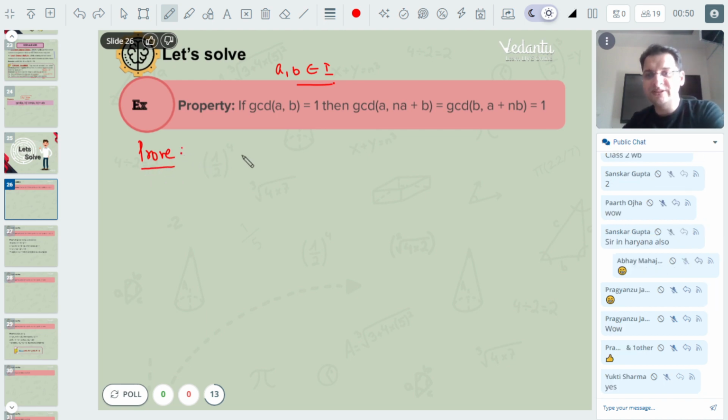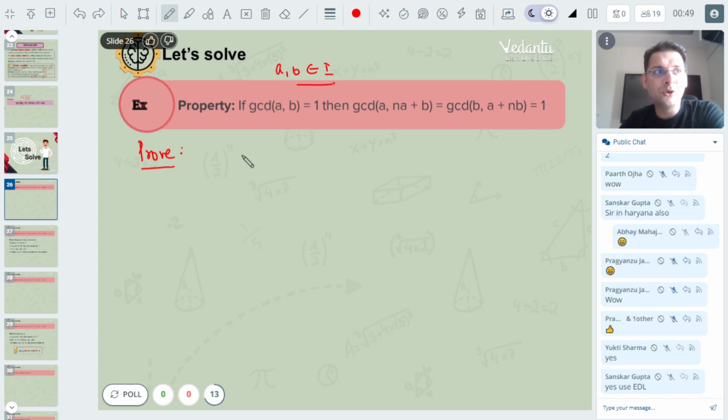Can anyone prove this? Can I unmute anyone who would want to help prove? Yes, we can use Euclid.